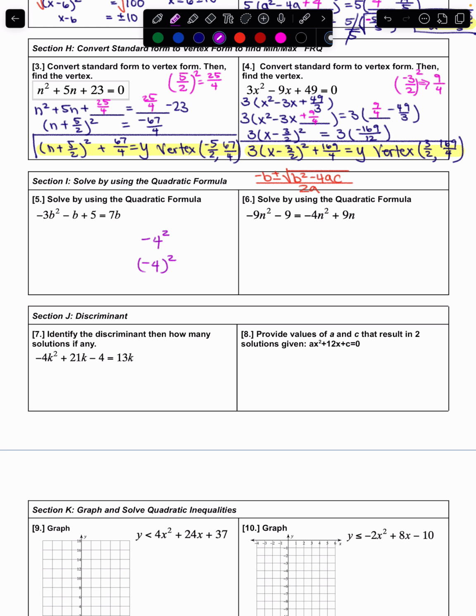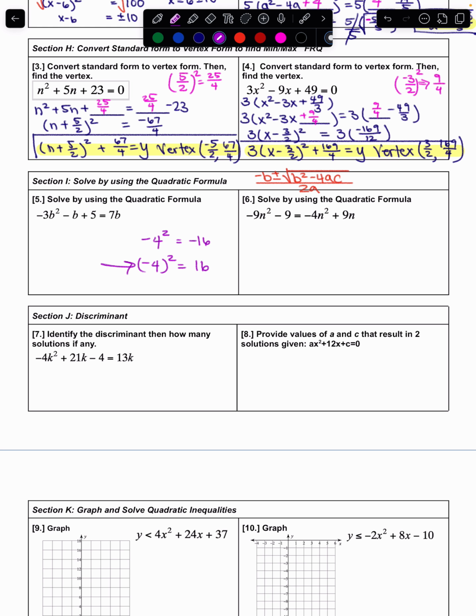The way you say it sounds the same, but these two result in two different answers. The first one is actually negative 16, and the second one is positive 16. This is an algebra trap, and that's why I encourage you to please, please, please put parentheses when you are plugging in your a, b, and c values into a formula, in this case the quadratic formula.